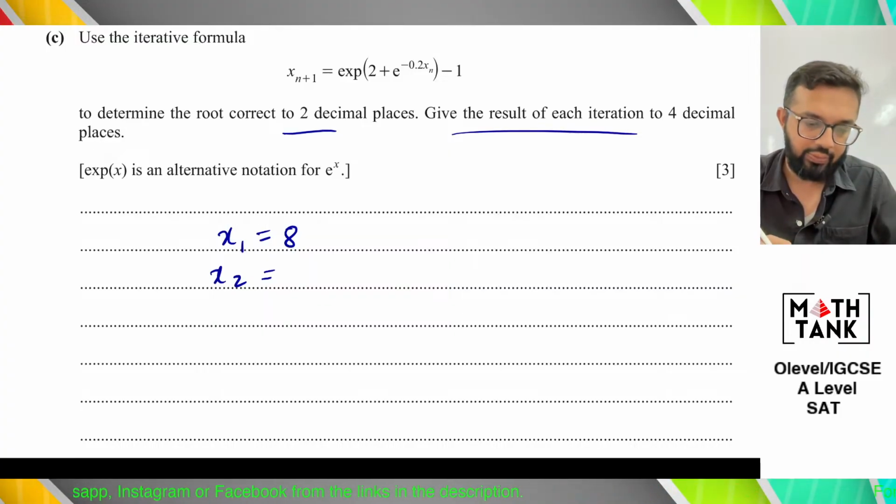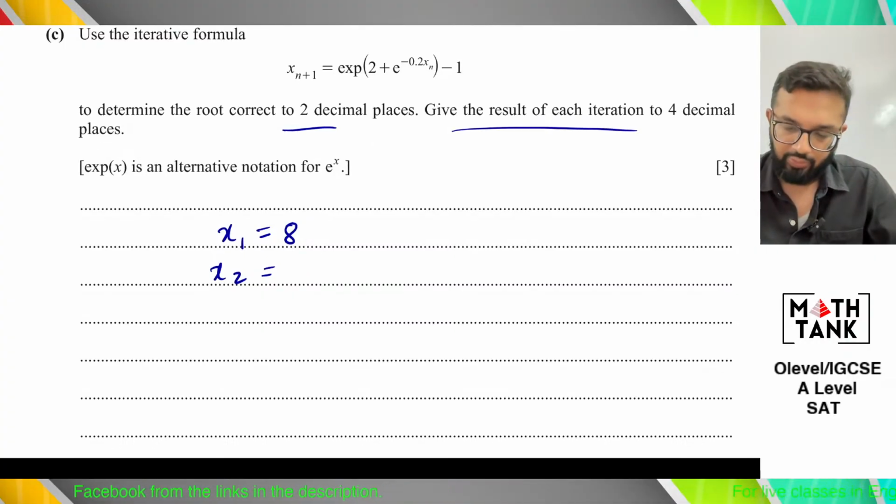And then I have a minus 1. So each iteration is to 4 decimal places, 8.04 to 1. That rounds off to 8.04.